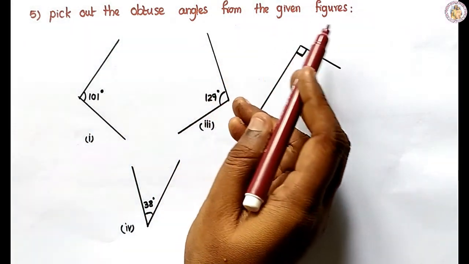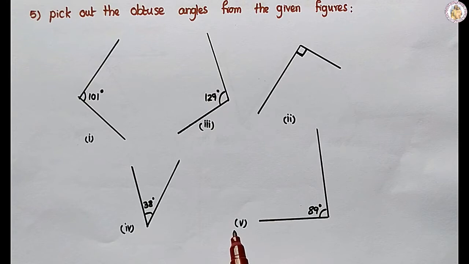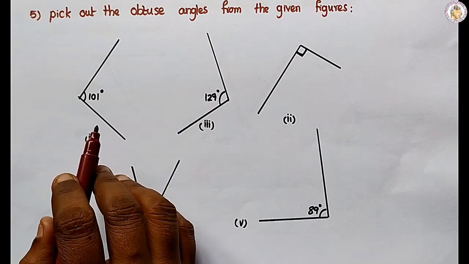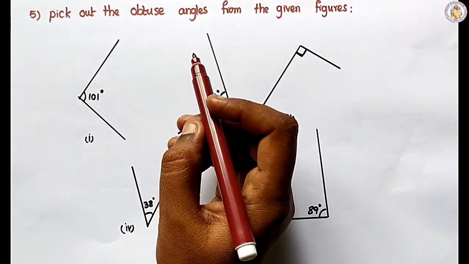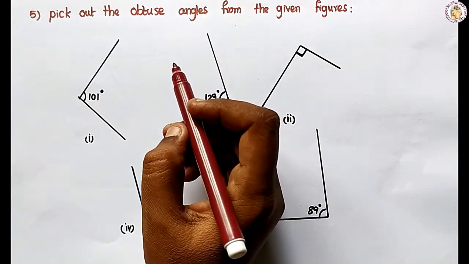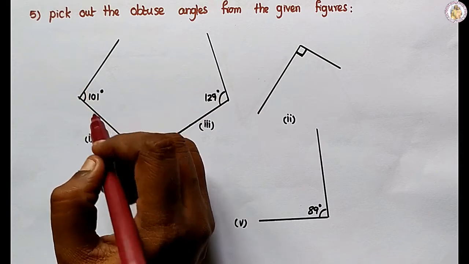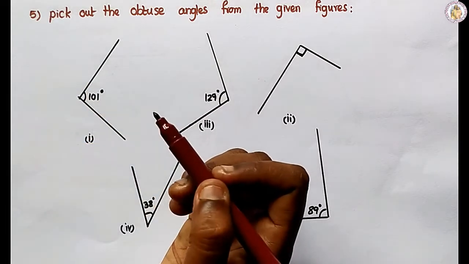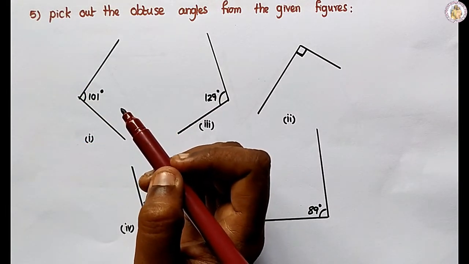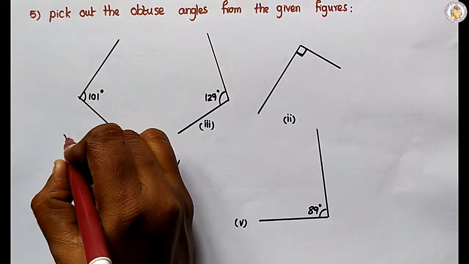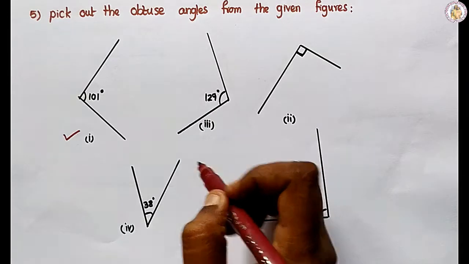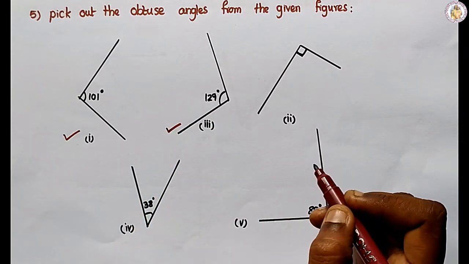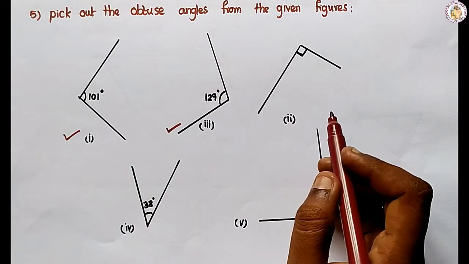Fifth one, pick out the obtuse angles from the given figure. They given the angles. From that we have to find out which one? Obtuse angle means greater than 90° or above 90°. 101, that is greater than 90°, so that is obtuse angle. 129, that is also above 90, so obtuse angle.